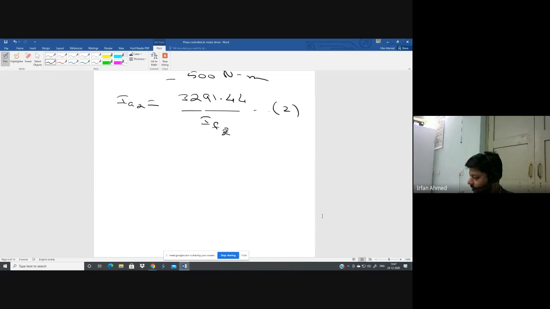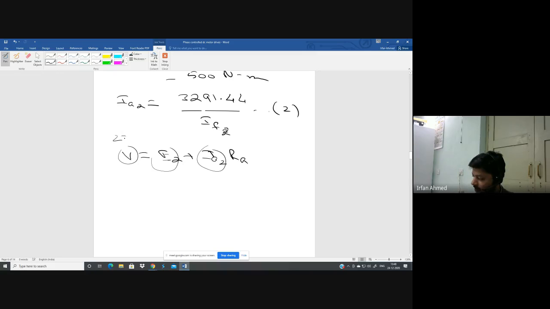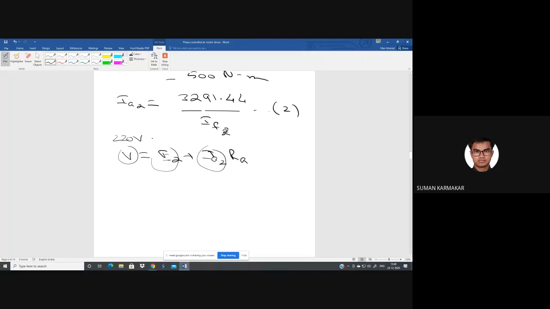And finally, we have V is equal to E2 plus IA2 RA. So in this equation, we substitute E2 in terms of IF2 and IA2 in terms of IF2. And V will be how much? 230 volt. 230 or 220? 220 volt. 220.